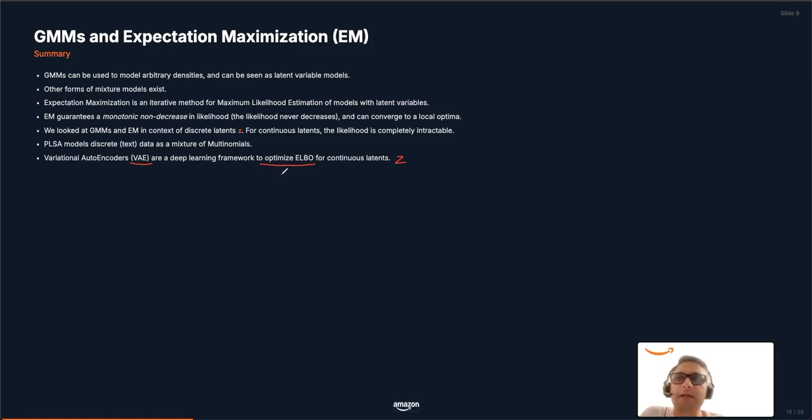It essentially tries to do maximum likelihood estimation using a lower bound for continuous latents Z. The deep neural networks help in doing that, but they are not the fundamental thing in VAEs. They are used as an estimator. We'll talk about that. That's all on module 2 of unsupervised learning.